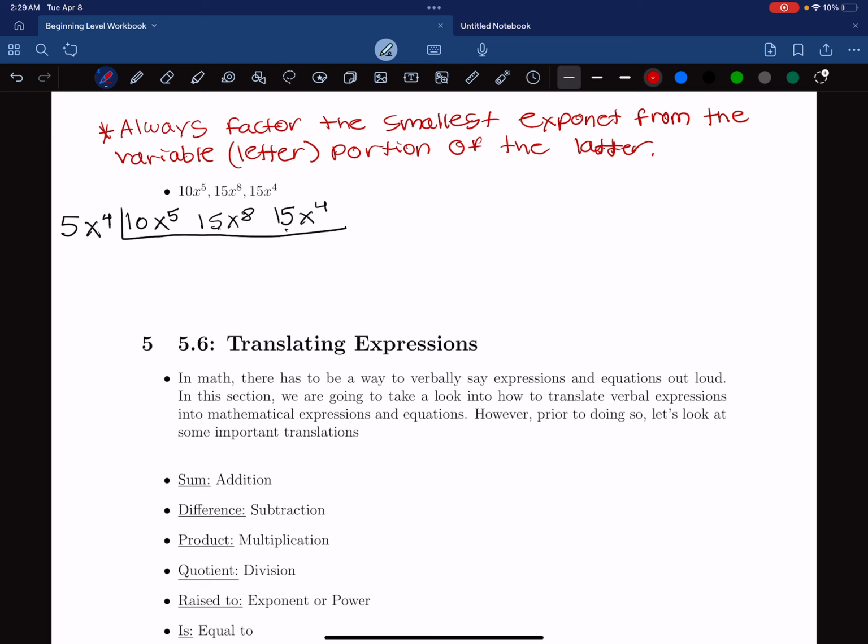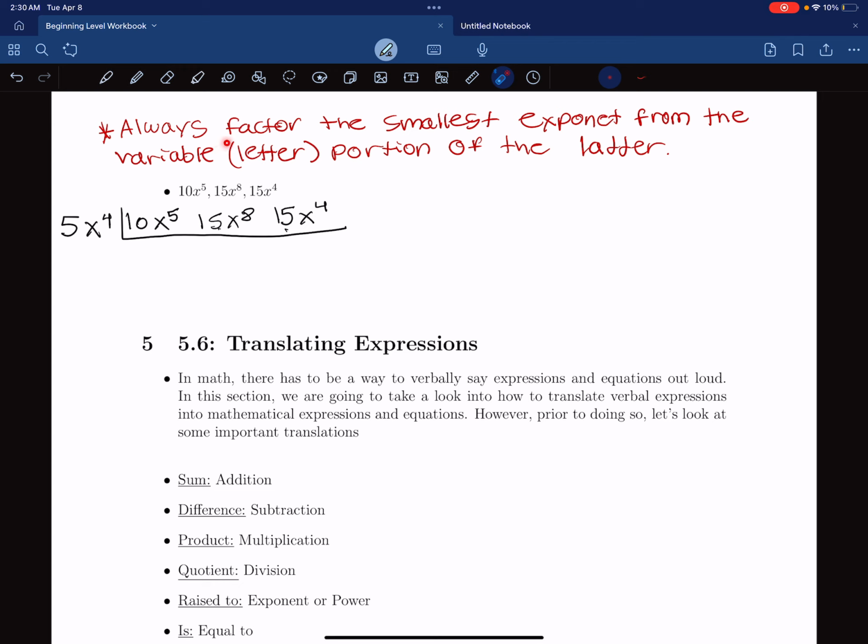So when I say ladder, by the way, I just mean this because it kind of looks like a ladder.